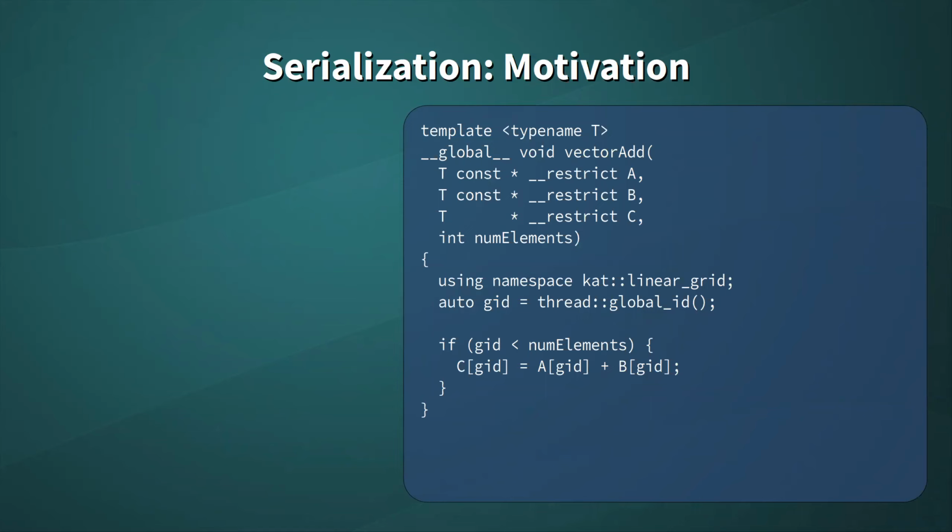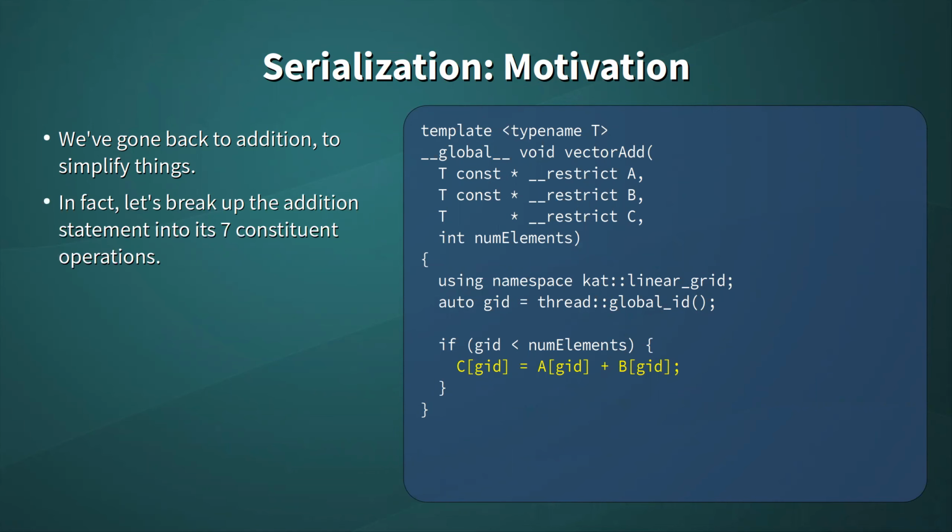Right, the next and actually final transformation I want to present with the vector add kernel has to do with serializing. I've gone back to addition to make things a bit simpler, and I want to break up the statement here into its constituent simpler statements, and there are 7 operations here that you can identify.